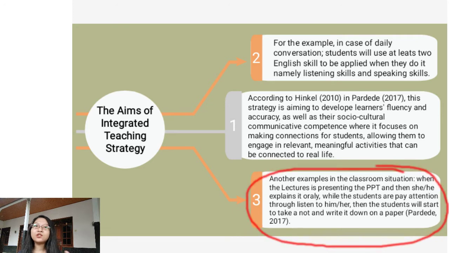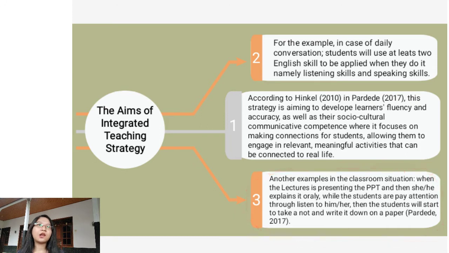Then, in the question and answer session, the students and the lecturer listen and speak in turn. Realizing this, to enable students to use the language they are learning in real communication, these skills should be learned in an integrative approach. It's according to Pardede 2017.